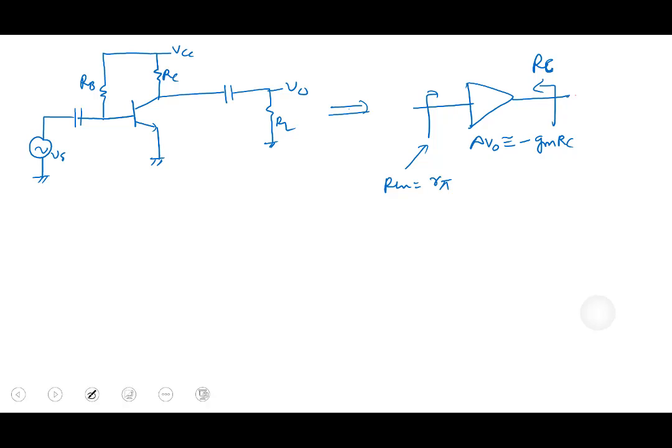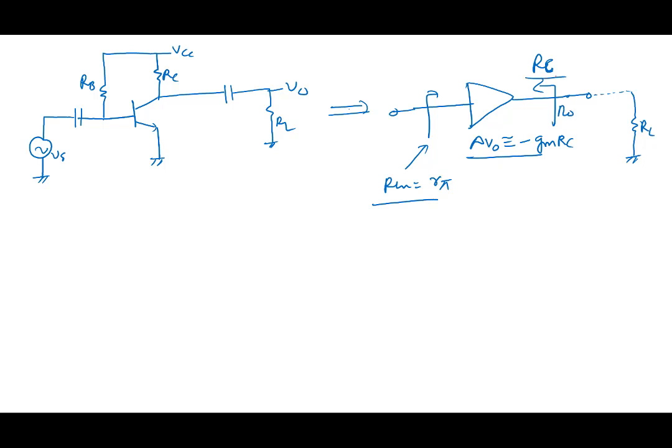So that's how my amplifier looks. Now if you want to put an RL, we can put an RL here. But my amplifier without an RL is characterized by AV0, by Rin, and by an output resistance R0, which is equal to RC.